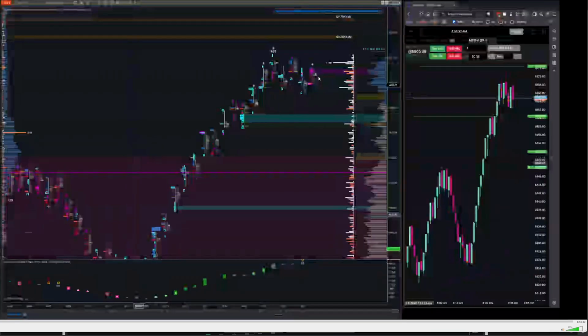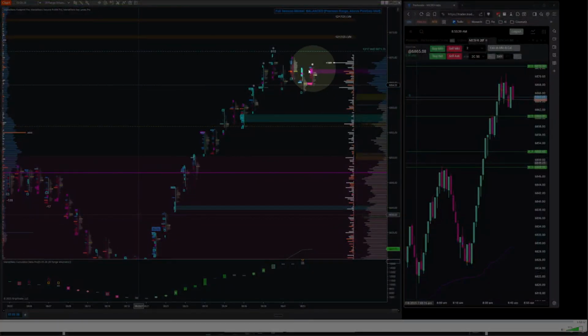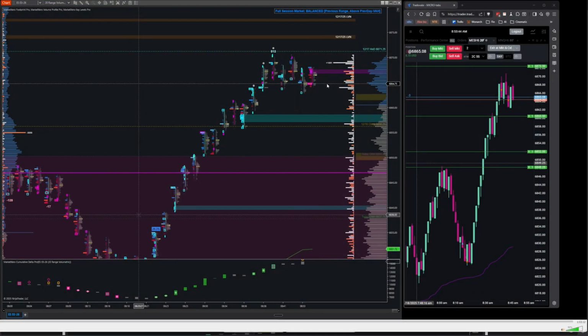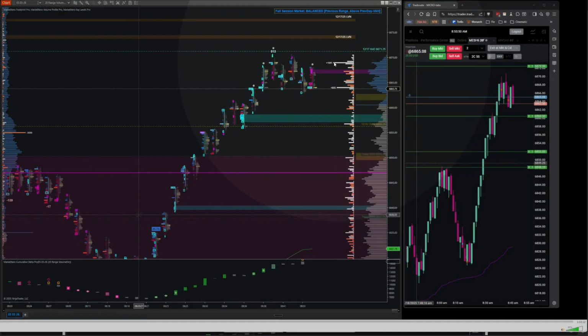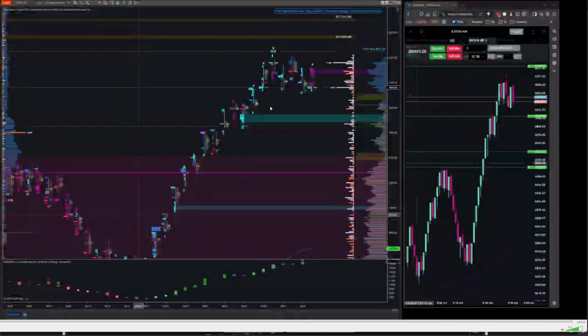As price continued moving here, I saw sellers stepping in. We have a stacked volume imbalance right here, and this correlates with a 1,000 plus buyer delta, indicating that there's a passive seller up here absorbing all of this aggressive buying. And then we see aggressive sellers creating this volume imbalance.